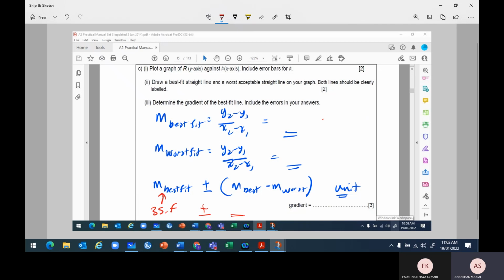Even if it's just 10 to the power negative 1, that's okay. In this case, I got the gradient as 0.55 and the uncertainty is 0.01. This is fine, not necessary. Quite big then, like 4, 5, yeah.